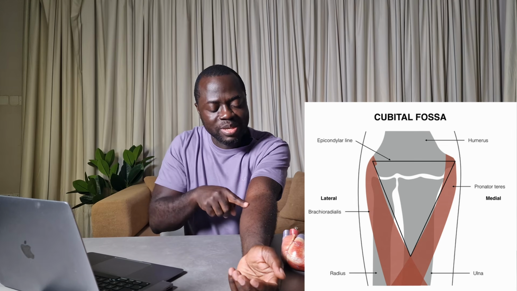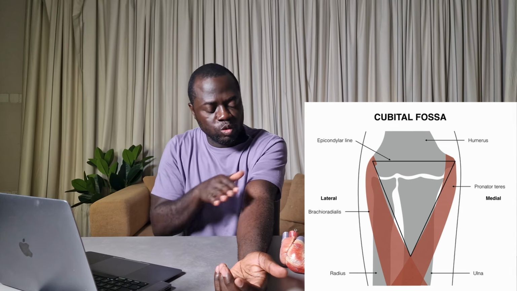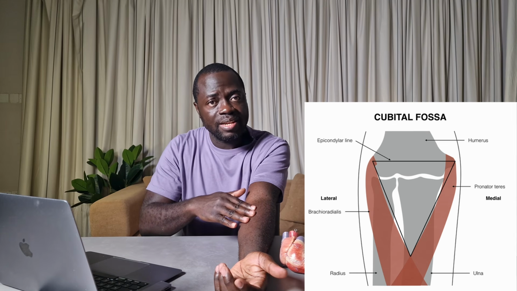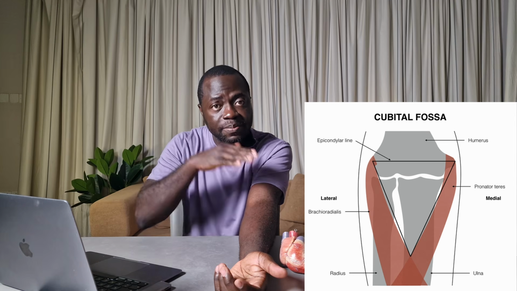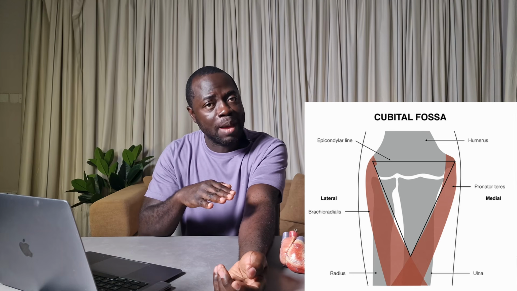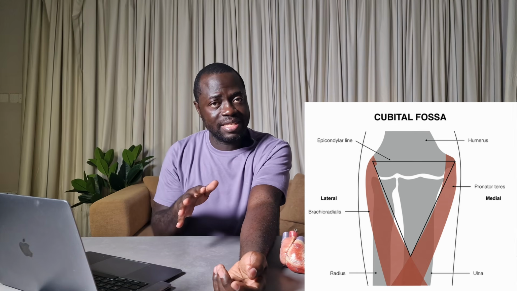So the two of them meet at the apex. We also have a roof and a floor. So for example, for the roof, we have skin, we have fascia, all right? And then we have the deep fascia of the arm, which is reinforced by the bicipital aponeurosis, which we'll talk about. So that is the range.